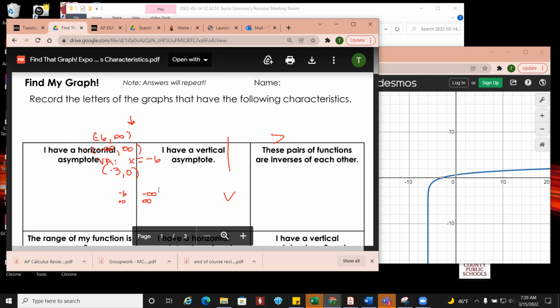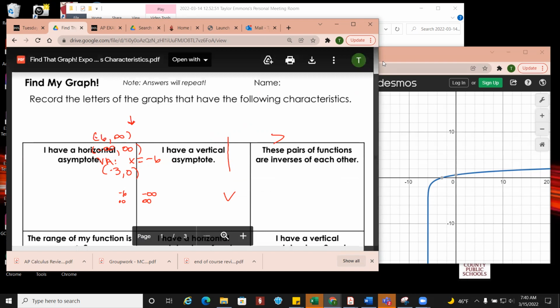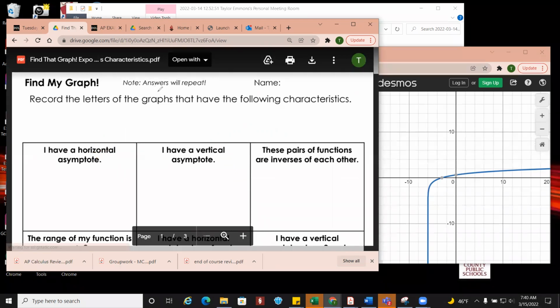So you're going to probably have to open this document up on your own. One thing that I want you to make sure that you're paying attention to is that it says answers will repeat. So you may have a vertical asymptote with more than one function. Does that make sense? So like if it's a log, obviously it's a vertical asymptote, right?